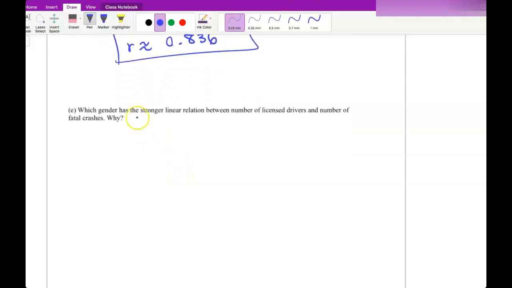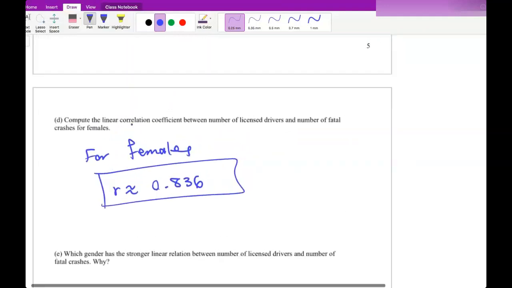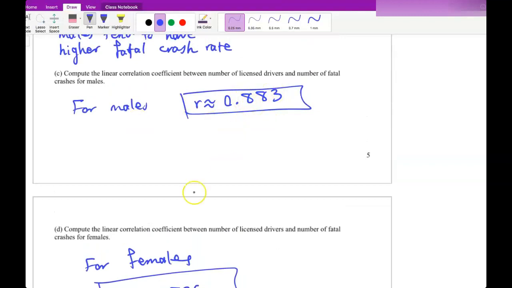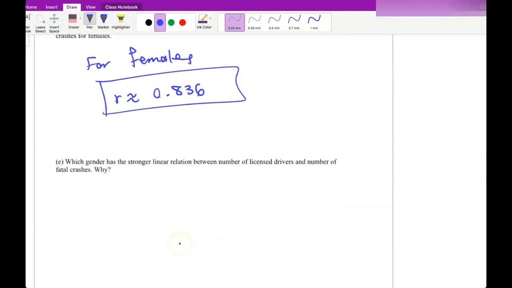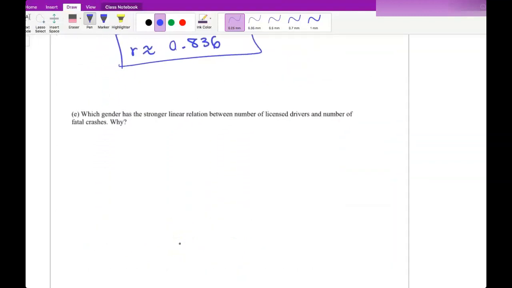Part E, which gender has a stronger linear relation between number of licensed drivers and number of fatal crashes? Why? So obviously males, because this one is higher than what we have here for females. So the answer is males.